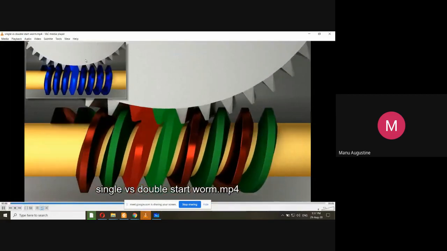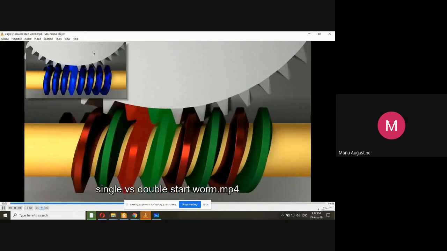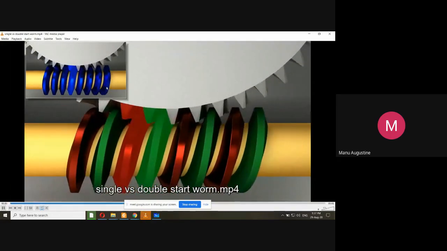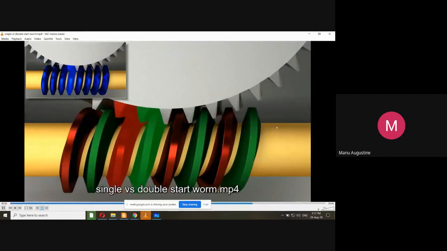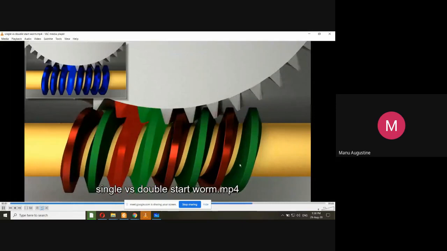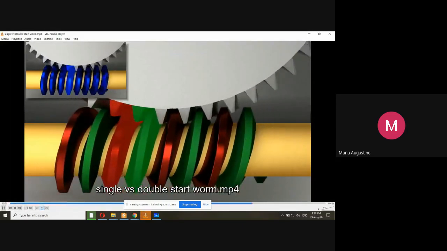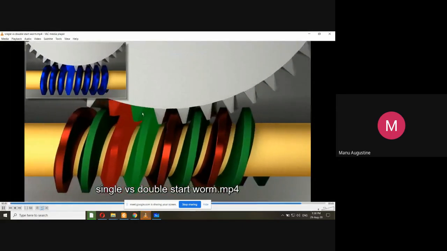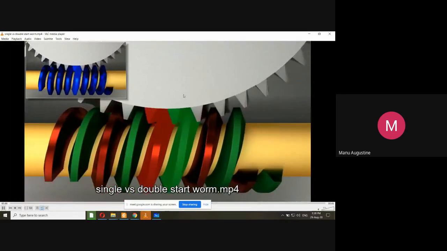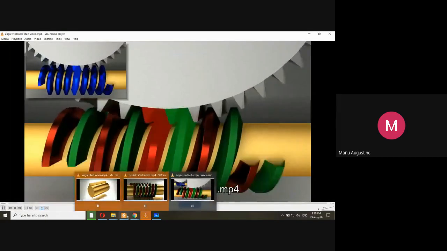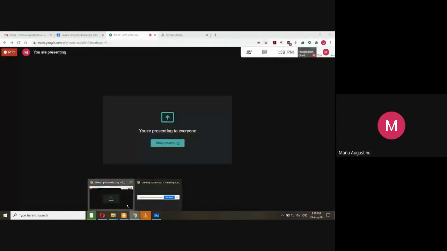I will repeat once again, one tooth of the worm wheel will rotate when one complete revolution of the worm is enabled. And in the case of a double start worm, when one revolution of the worm is enabled, then two teeth would have moved on the gear or the worm wheel. So this is the concept of worm and worm wheel.